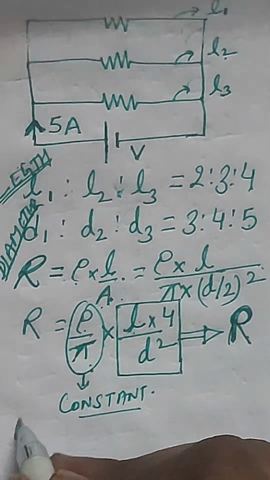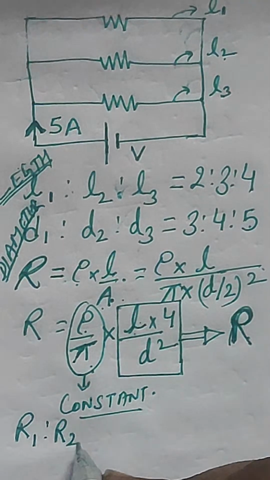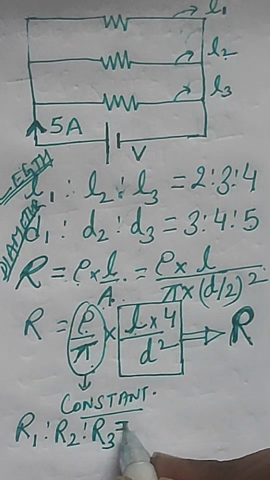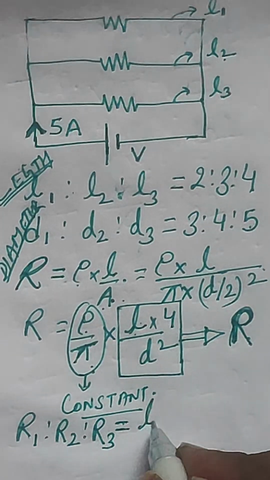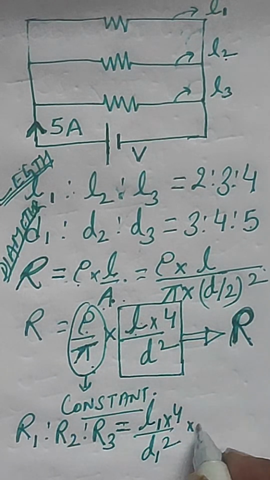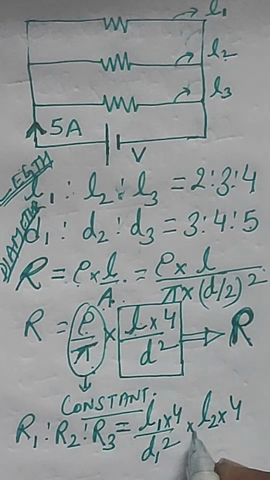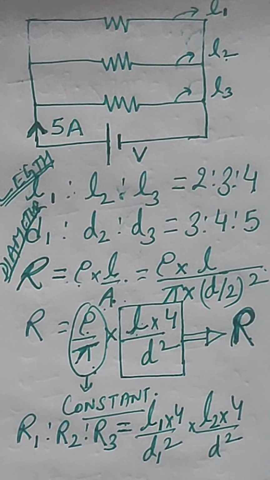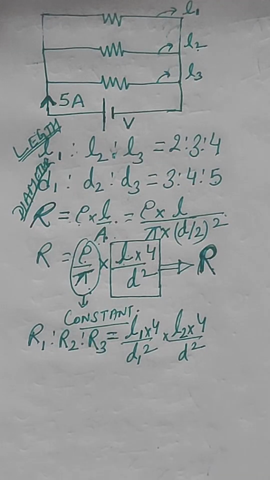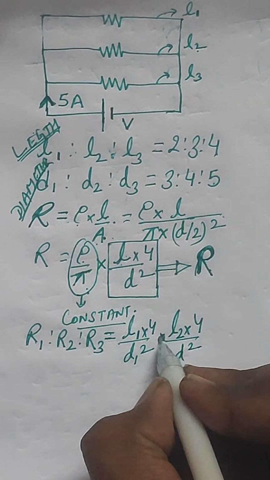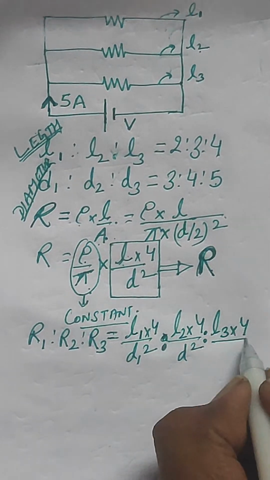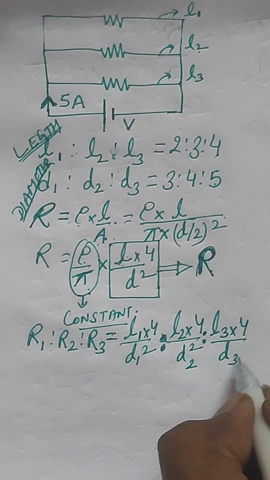So R1 is to R2 is to R3 can be given as L1 into 4 by D1 square, L2 into 4 by D2 square, and L3 into 4 by D3 square.